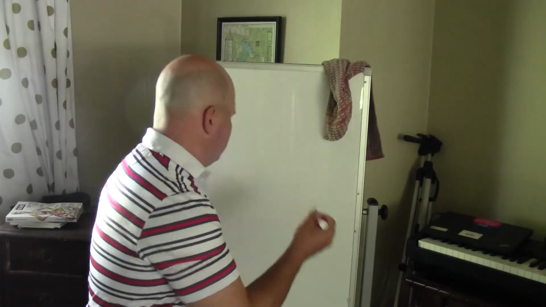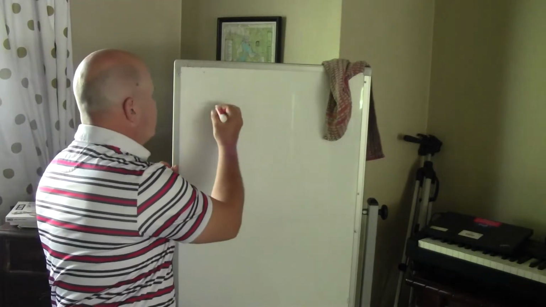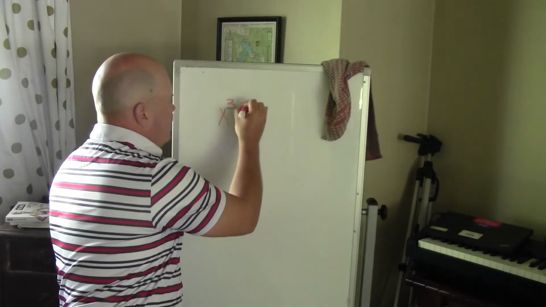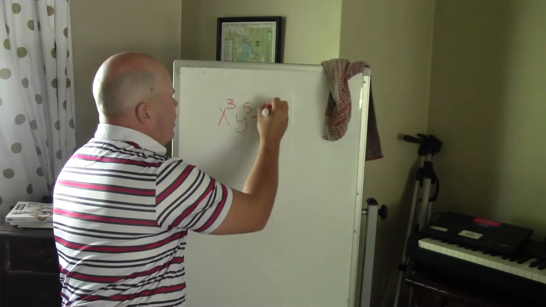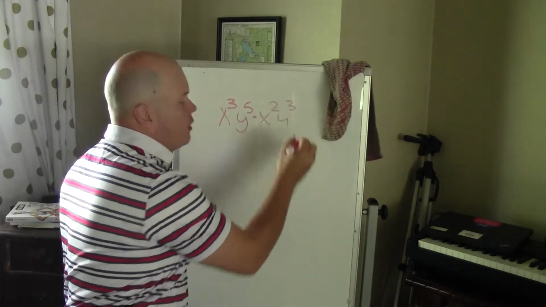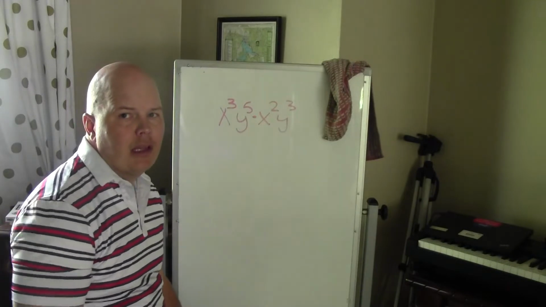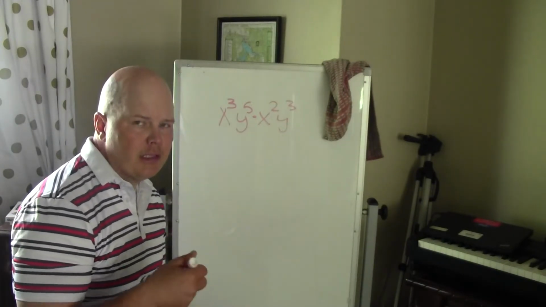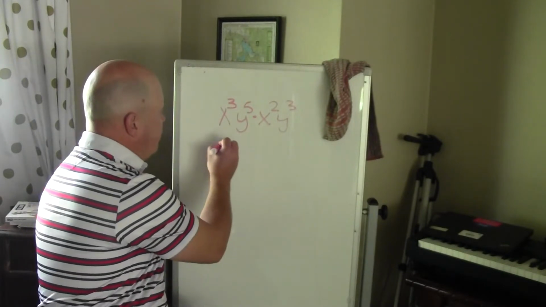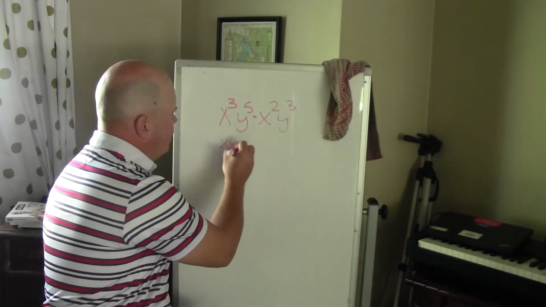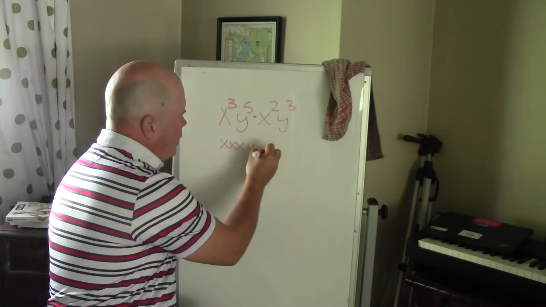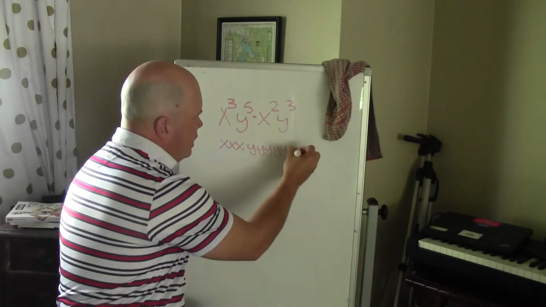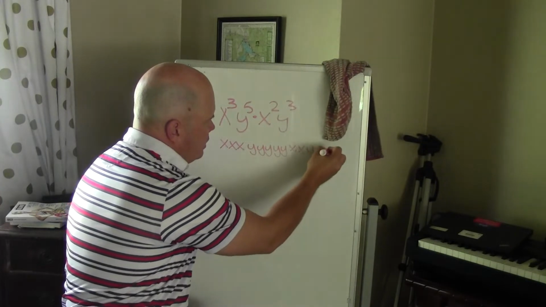So last week we had something that looked like this: x to the third y to the fifth times x squared y to the third. We had lots of strategies. You could expand it, which I would always recommend if you can't see the algorithm. Expanded, it would be x times x times x, y times y times y times y times y, x times x, y times y times y.